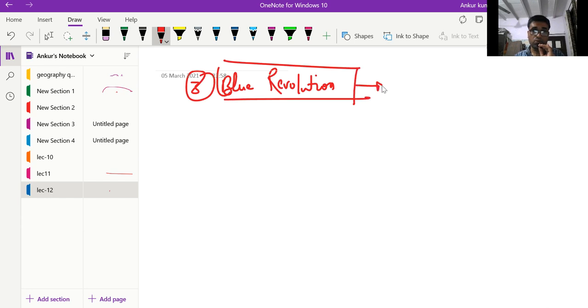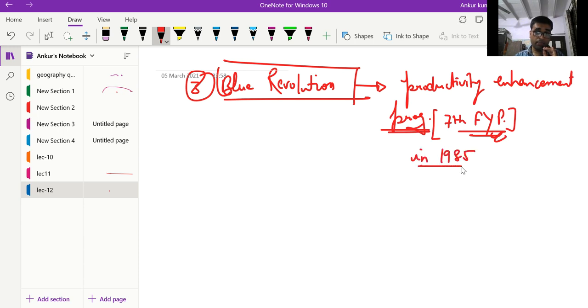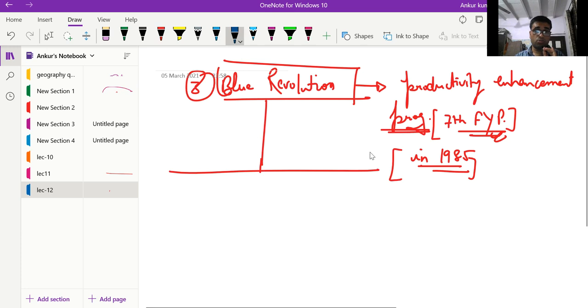Now in blue revolution, it was again a productivity enhancement program, and it was launched in the seventh 5-year plan, in 1985, basically, right?